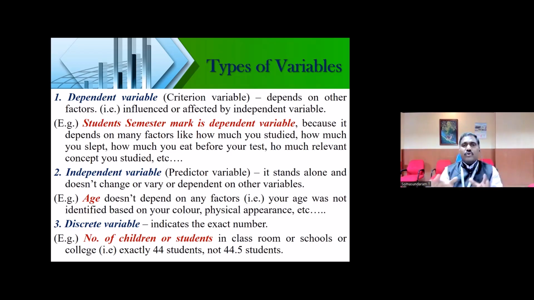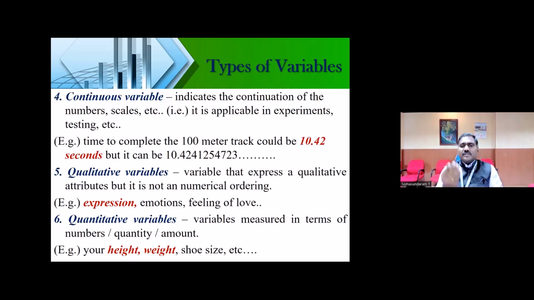What is the score of all the students in the comprehensive test or the verbal test, and after the training what are the scores? In that case they go for a discrete variable, right? Because they need exact marks, and they compare those marks in the pre and post test, and do a parity test, that is, whether there is any difference in their marks before and after the training. In that case they use a discrete variable. And the fourth one is the continuous variable.